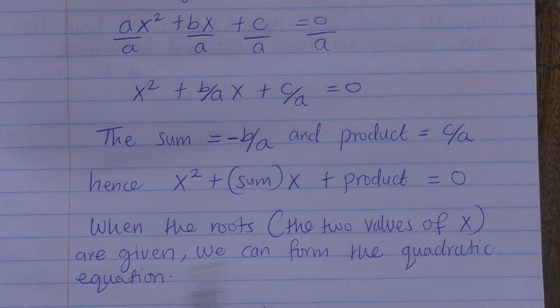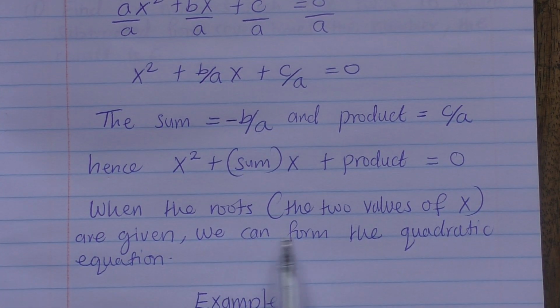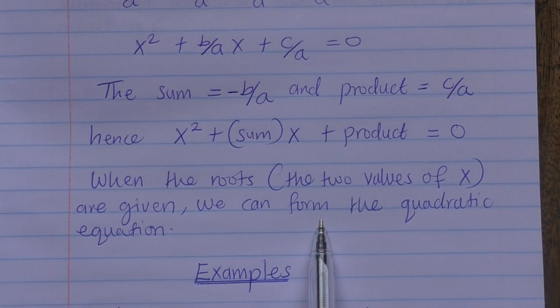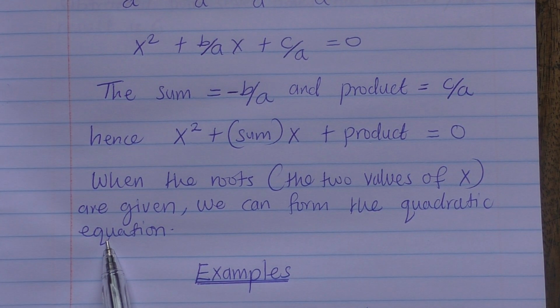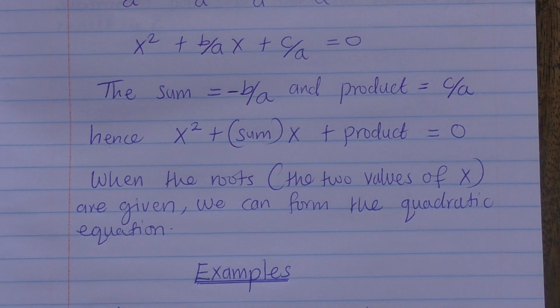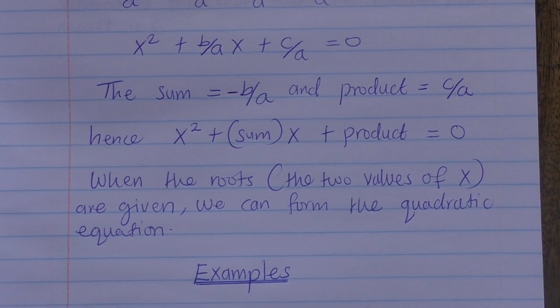And therefore, when the roots or the two values of x are given, we can form the quadratic equation. Perhaps, besides that, there is also another method that looks to be simpler. We shall look at both.